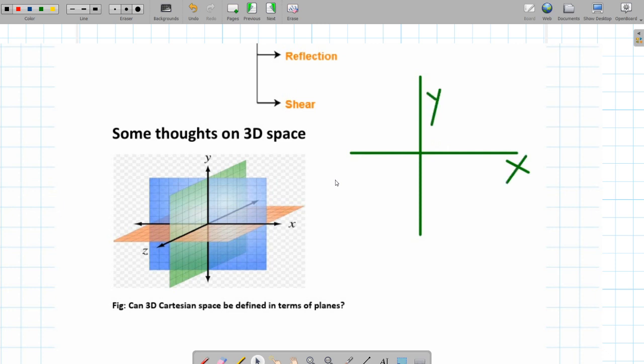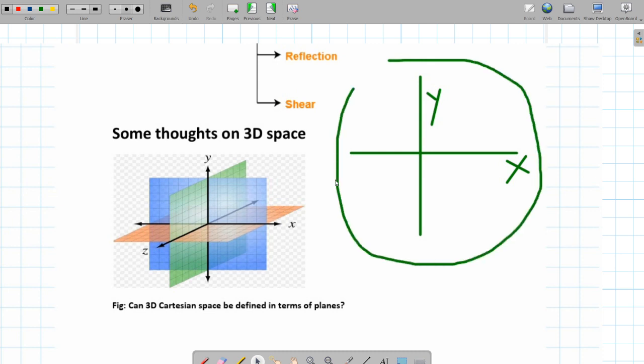This entire plane can be defined in terms of the x-axis and y-axis mathematically. These x-axis and y-axis are nothing but two virtual lines which help us represent our two-dimensional space mathematically.